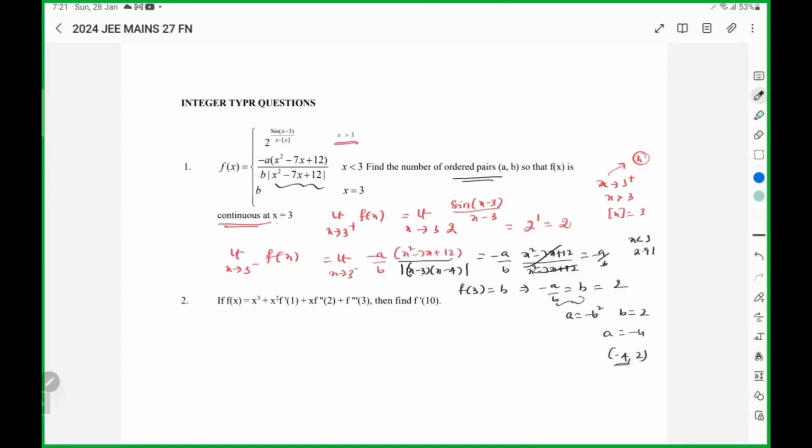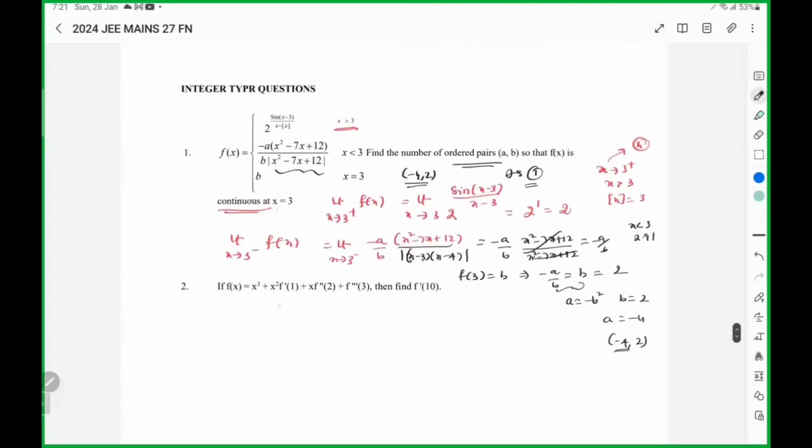He is asking number of ordered pairs. We have only one ordered pair. Answer is numerical. Here f dash 1, you take it as a, f double dash 2 is a constant. F triple dash 3, take it as c. F of x will be x cube plus ax square plus bx plus c.